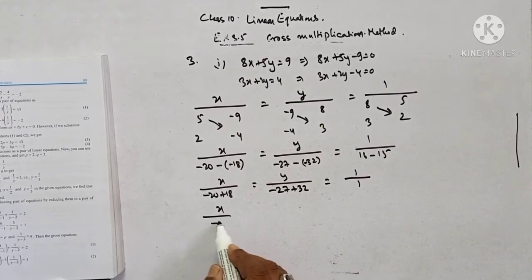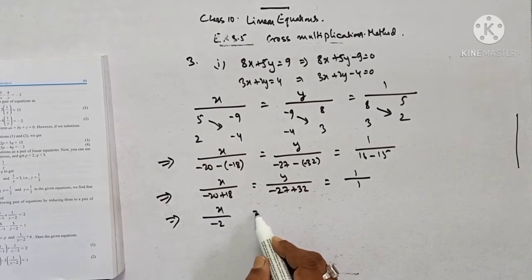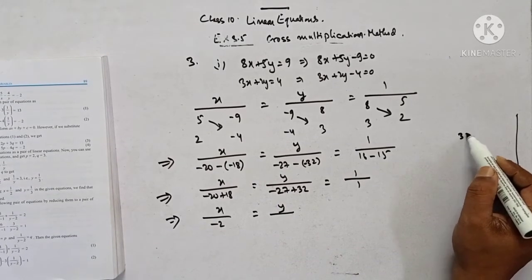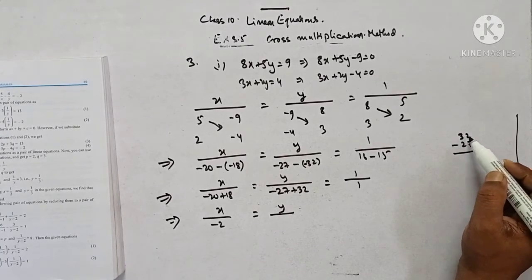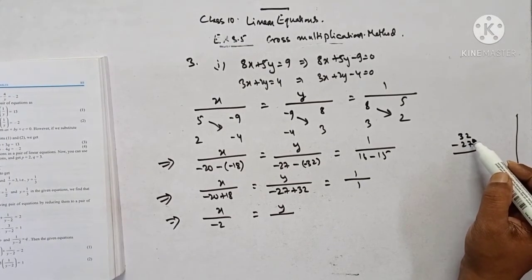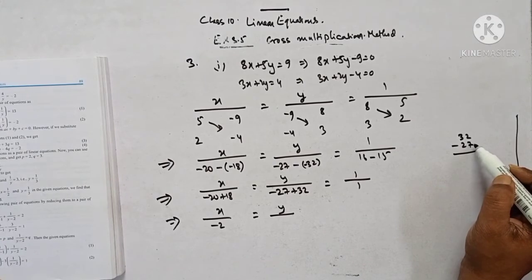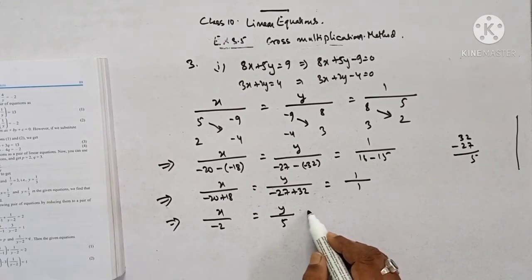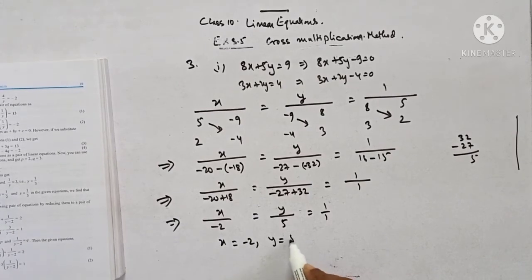So x by minus 2, and y by 5, and this is 1 by 1, so your x will be equal to minus 2 and y will be equal to 5.